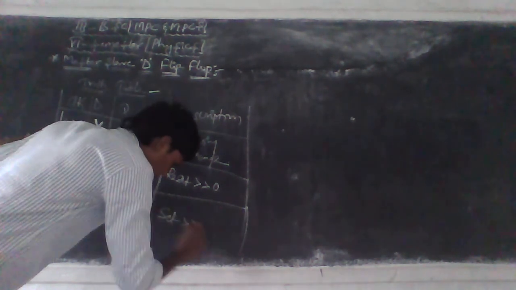So the data input is 1 and the output Q is 1 and Q bar is 0. Here the description is set Q, greater than 1.